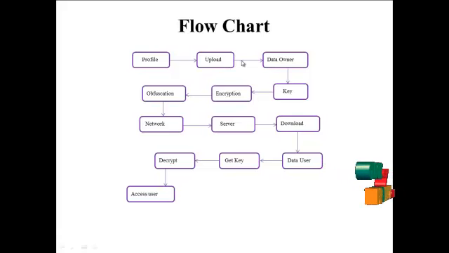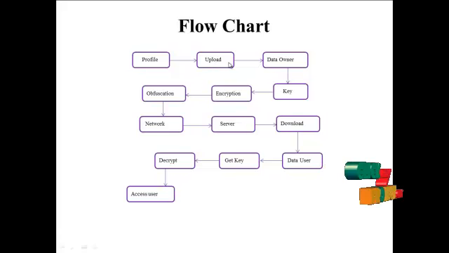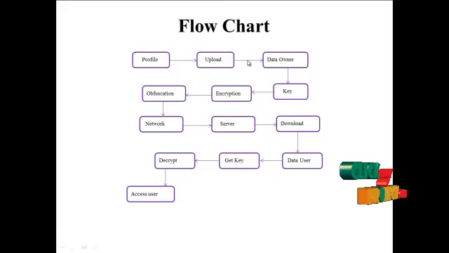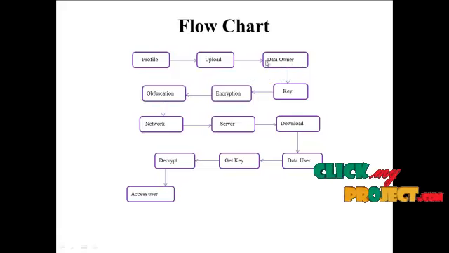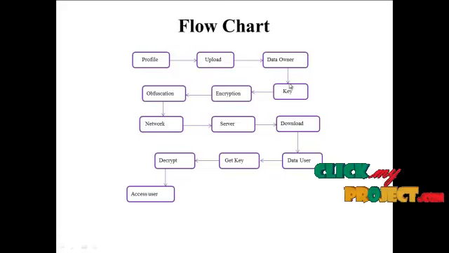The user chooses the upload process. Now, what are the techniques used so that the user's data is successfully stored on the cloud? In this section we will describe that. The user acts as the data owner, and the data owner gets the key from the TPA.